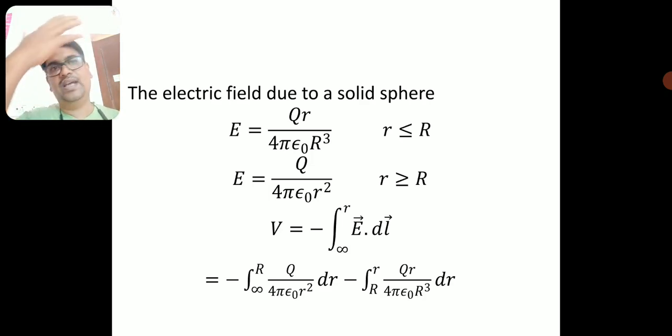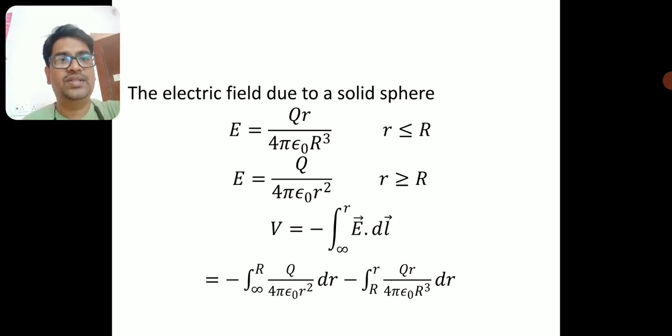If I split this, I have to use two different equations. One equation is q by 4 pi epsilon naught r square for the integral from infinity to capital R, and the other equation is q r by 4 pi epsilon naught R cube for the integral from capital R to small r. So two different equations for the electric field for two different integrals.